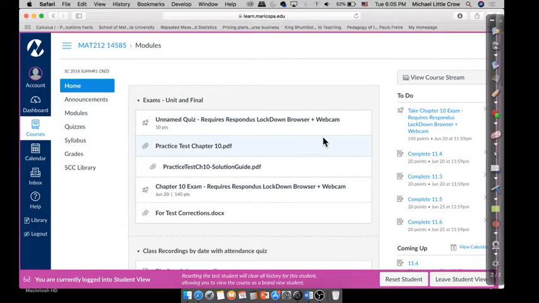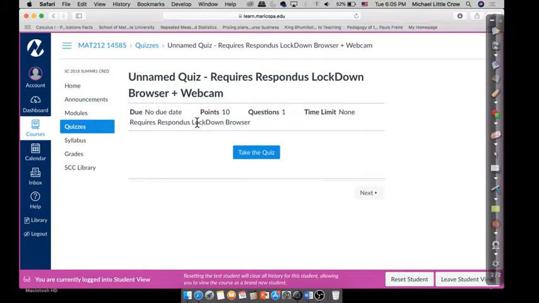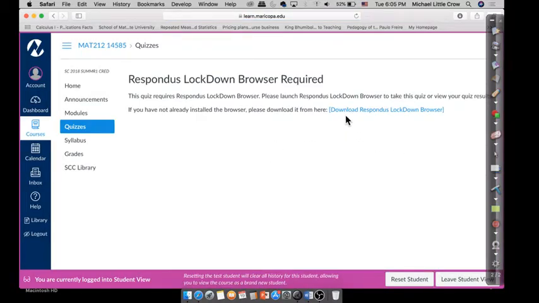You go to take it, but it won't let you because it says you need the Respondus Lockdown browser, so you can download it from this link. I've already done that. It downloads, you install it on your computer, and then you close everything else down, go into the Lockdown browser, and that will take you to re-log into Canvas, and then you'll be able to take the quizzes.